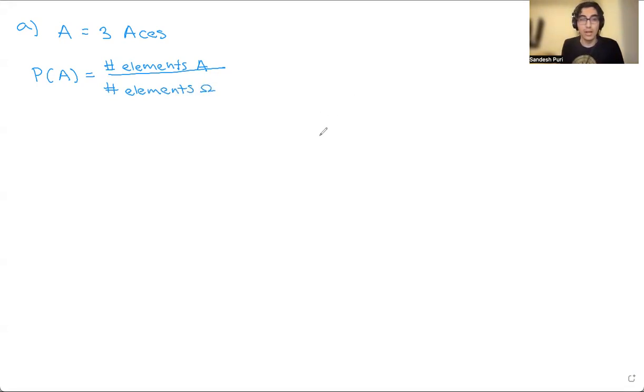Okay. And the motivation behind this is that our sample space is finite, meaning that all values in the sample space are finite.